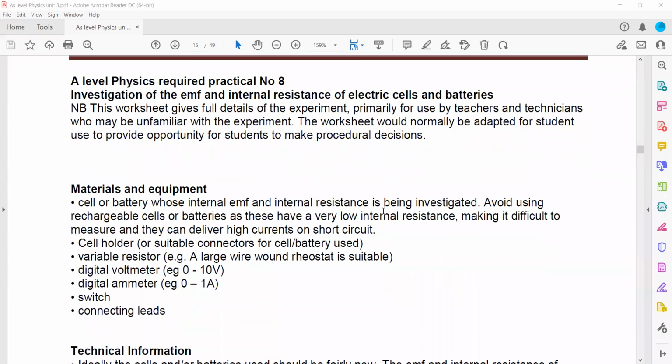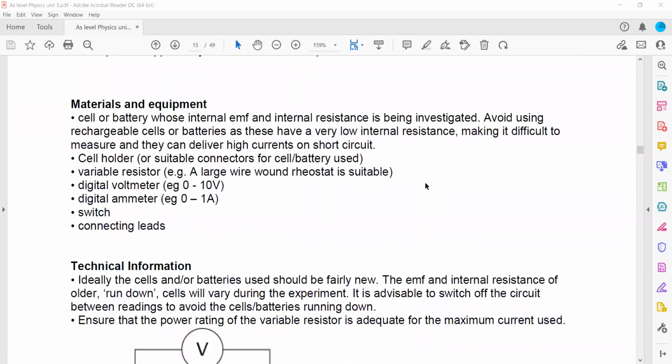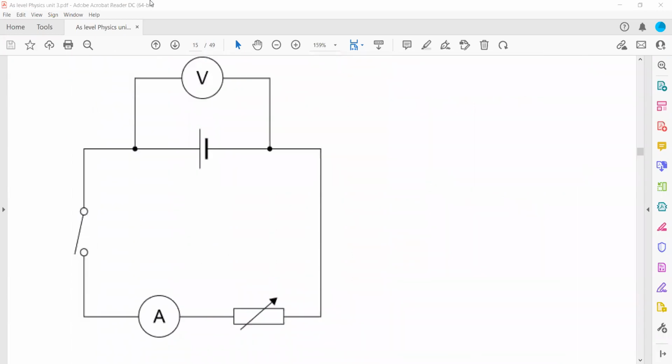Then the last experiment is investigating the EMF, electromotive force, and internal resistance of a cell. So how can we work out the internal resistance of a cell or battery, even a solar cell we can mention.